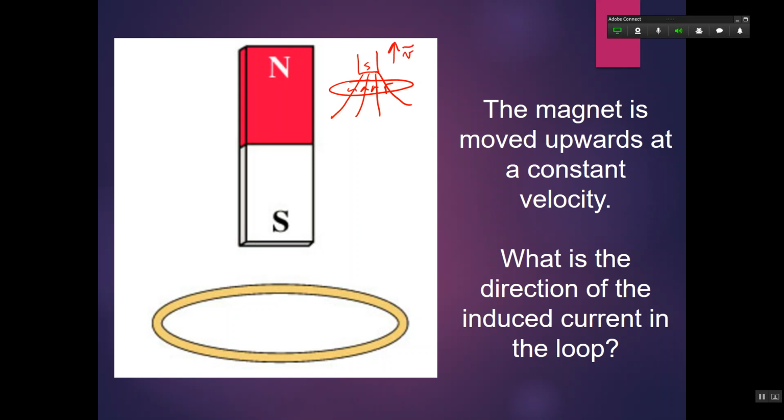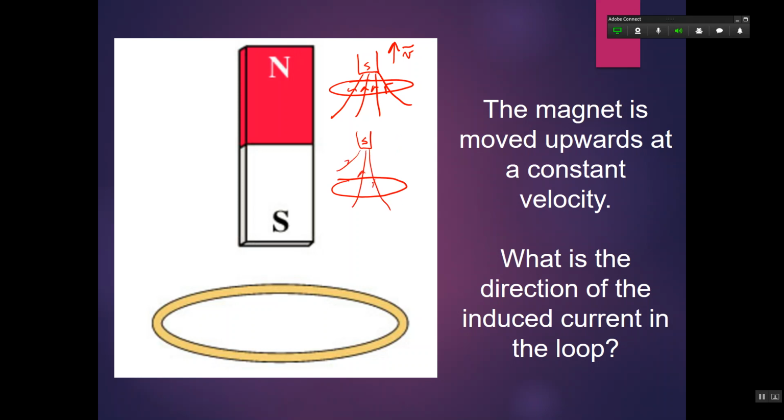That's your initial situation. And then after that, situation finale, you have this situation where there are fewer magnetic field lines in my loop.